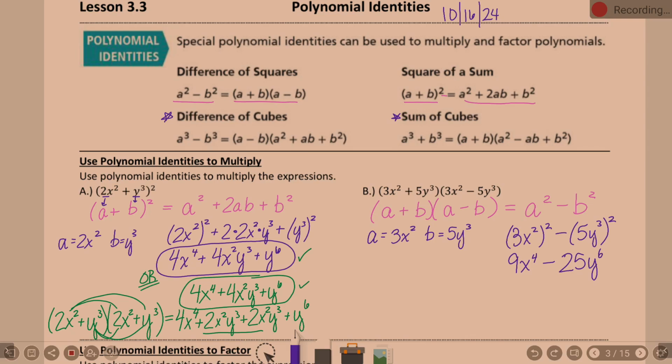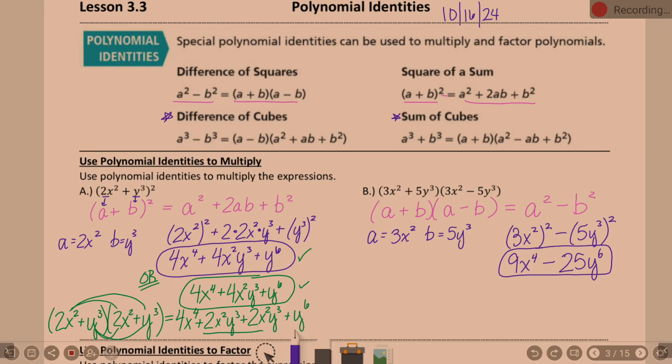Power raised to a power, we multiply the powers. Okay? If you preferred, could you have just FOILed? Yeah, that's the point. If you don't recognize the form, there's nothing wrong with FOILing still. Okay?